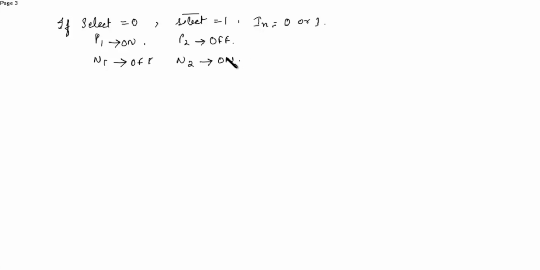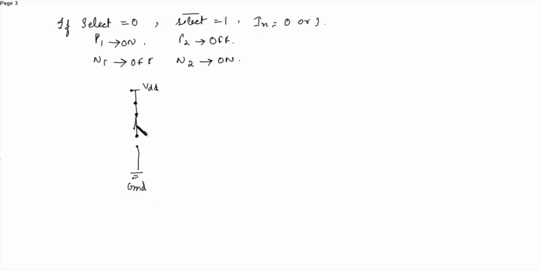So in that condition, this is say VDD, this is a short circuit, then this is the open circuit, and this is connected to ground.